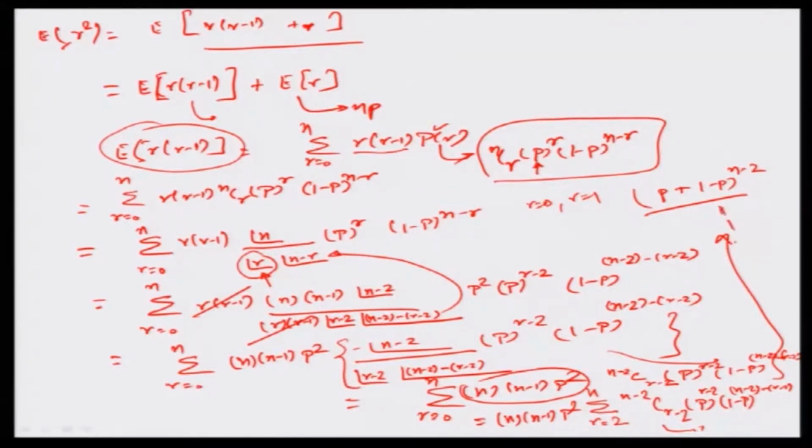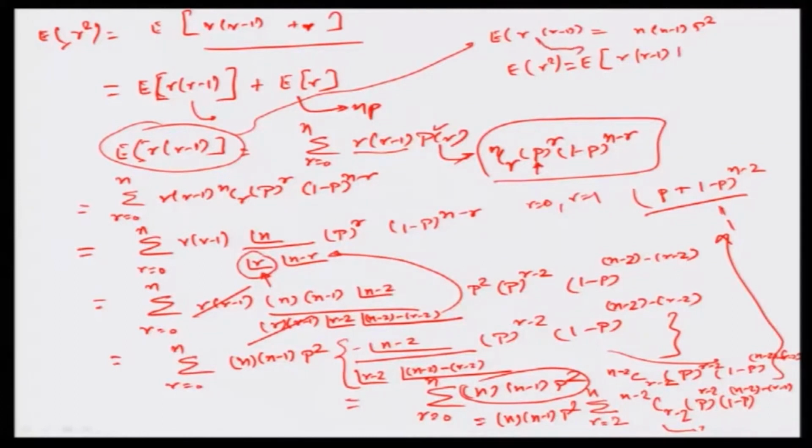So, I can say that the expectation of r times r minus 1, which you started deriving in this particular step, happens to be n times n minus 1 times p square. And so, the expectation of r square, which was really the expectation of summation r times r minus 1 as calculated above plus r, is basically n times n minus 1 p square plus the expectation of r, which is n p.